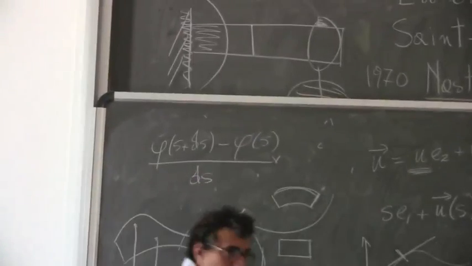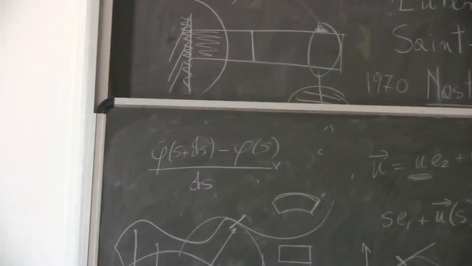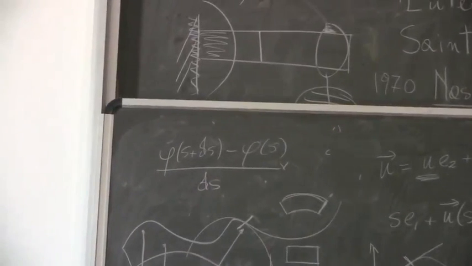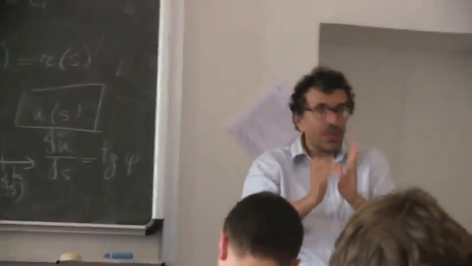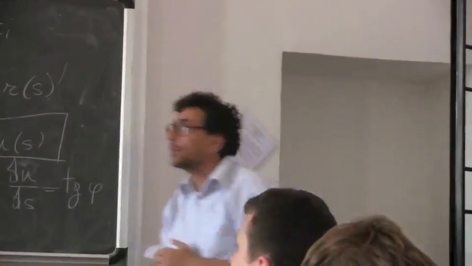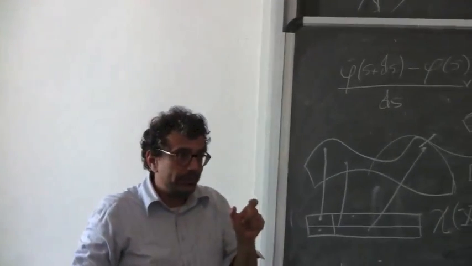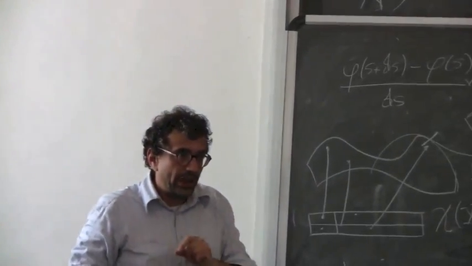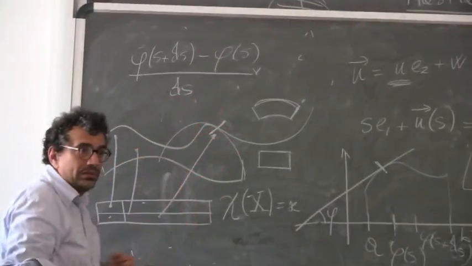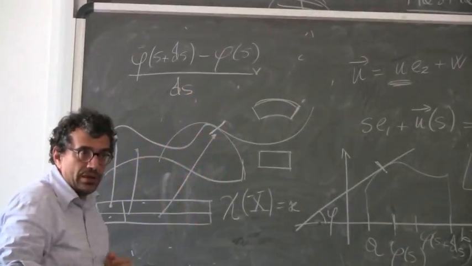I divide this by ds, and I find the change of relative rotation of the sections per unit length. So this is the bending deformation of our beam.